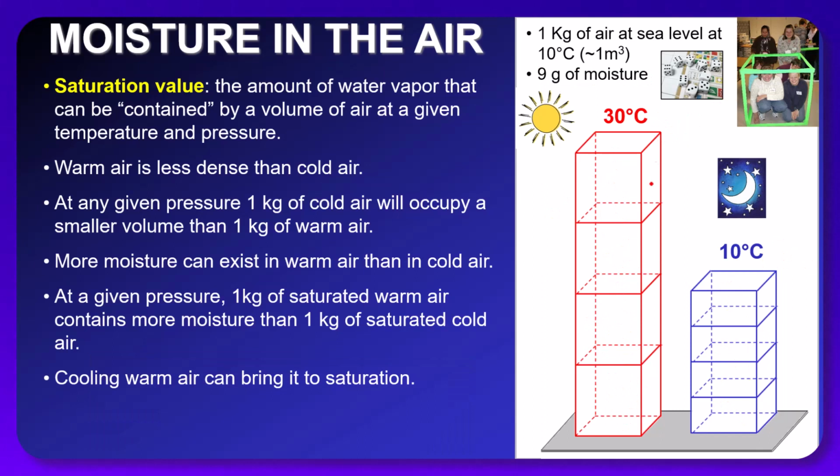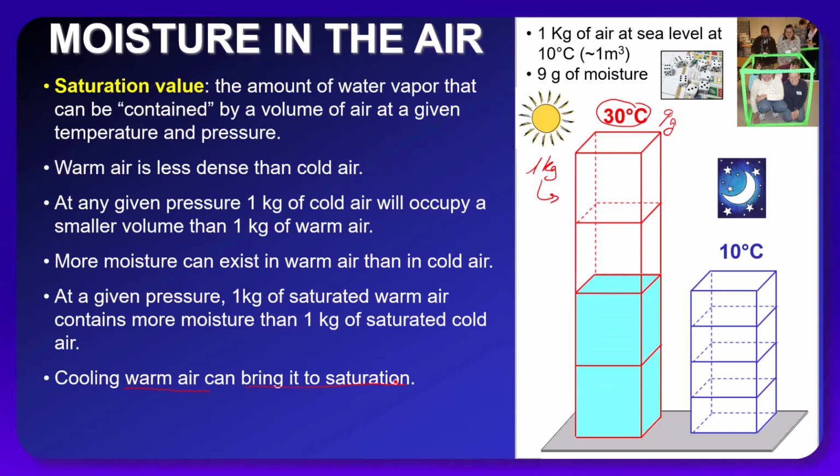Assuming that we now have air at 30 degrees Celsius with 9 grams of moisture, this is 1 kilogram of air. 9 grams of moisture do not saturate this air column, this kilogram of air. But if we cool down warm air, we can bring it to saturation.